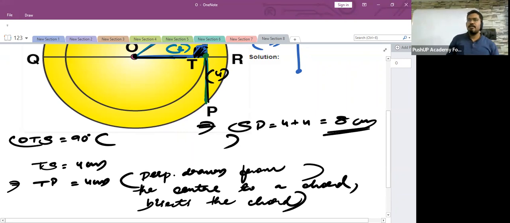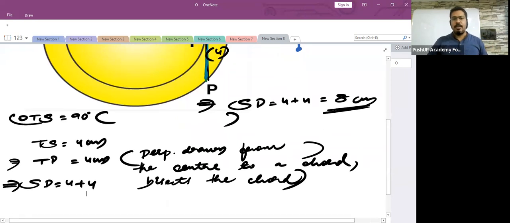Easy to understand. Perpendicular drawn from the center to a chord bisects the chord. Then you will write this implies the length of the whole chord SP is equal to how much? 4 plus 4, and that is equal to 8 centimeters.